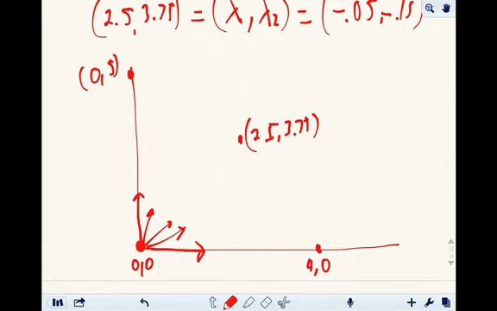Here, if we only have species X, this is the density-dependent carrying capacity. 4 is the carrying capacity of X. So the solution along the x-axis with no y present will be attracted to that point.